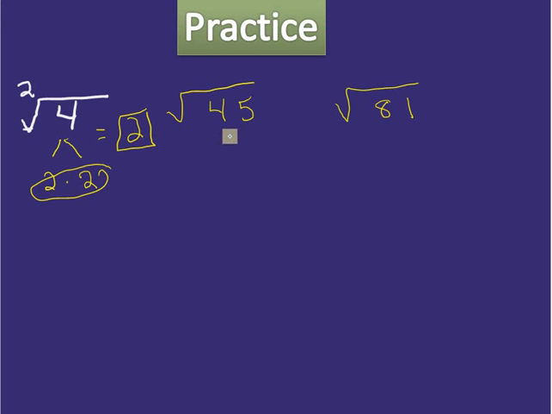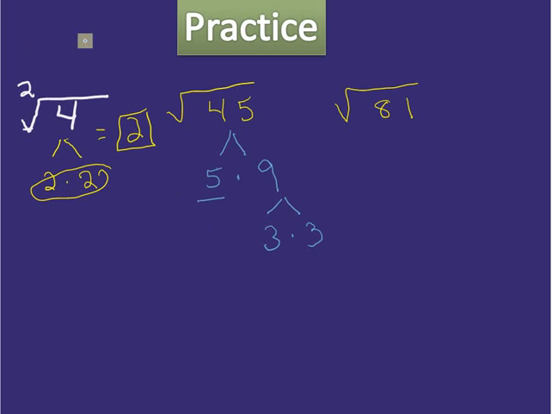What about 45 here? Let's see what we get. Let's do 5 times 9. 5 is at its prime, but we can still factor the 9. And we can do 3 times 3. Now, look at this closely.